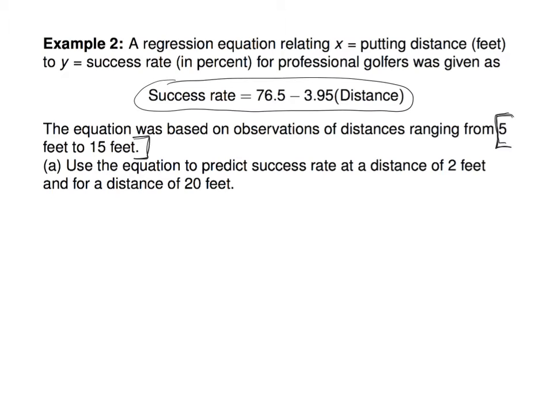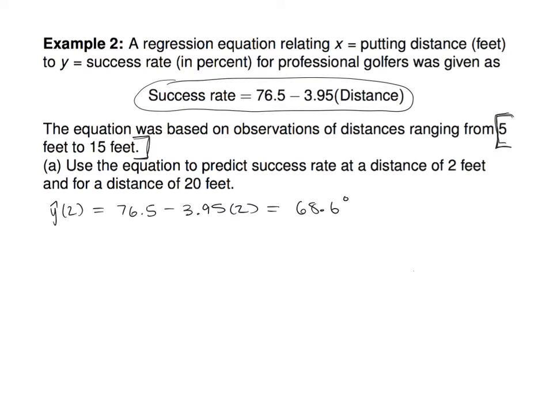So use this equation to predict success rate at a distance of 2 feet and for a distance of 20 feet. Notice that both of those are outside the range of data, but they're not so far outside the range of data, but some weird stuff's going to happen. So y hat of 2 is 76.5 minus 3.95 times 2, which comes out to be 68.6.